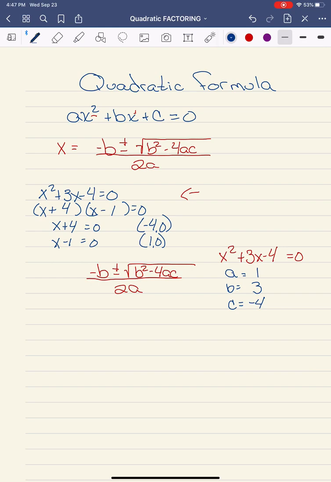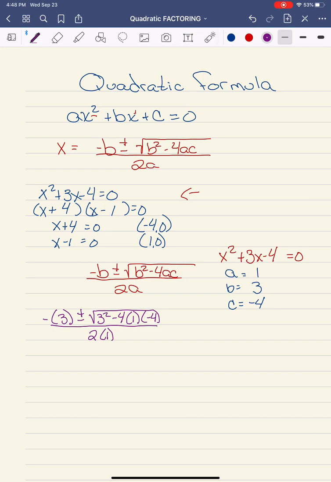So now what I'm going to do is take these values and plug them into my expression. So I have negative 3 plus or minus the square root of 3 squared minus 4 times 1 times negative 4, all divided at the end by 2 times 1.